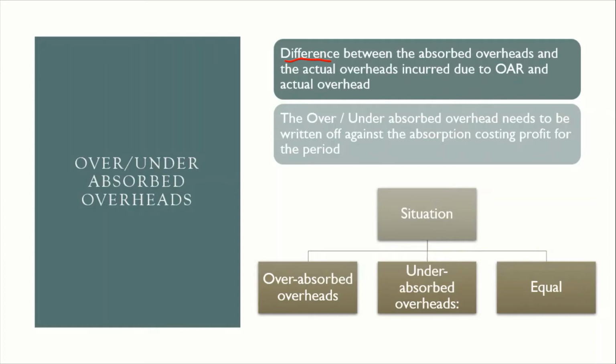Okay, when there's a difference which is over and under, you have to write off, which is deduct or increase depending on the situation, against the absorption costing profit for the period.